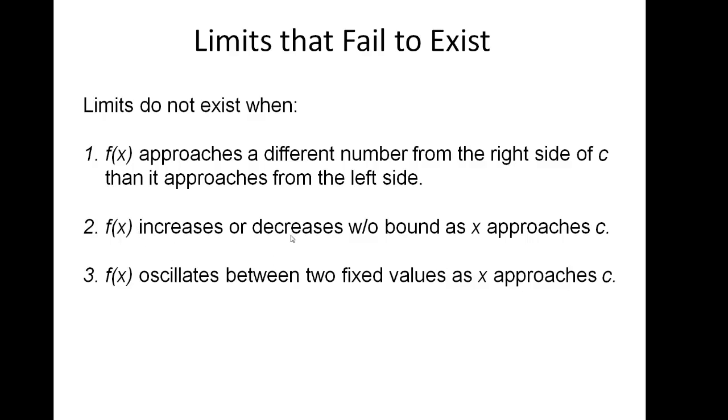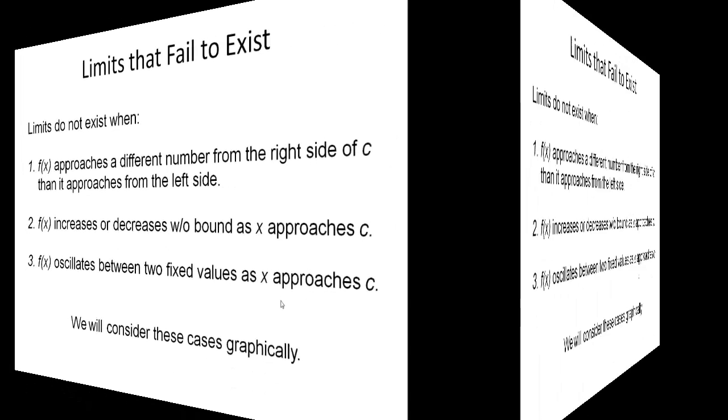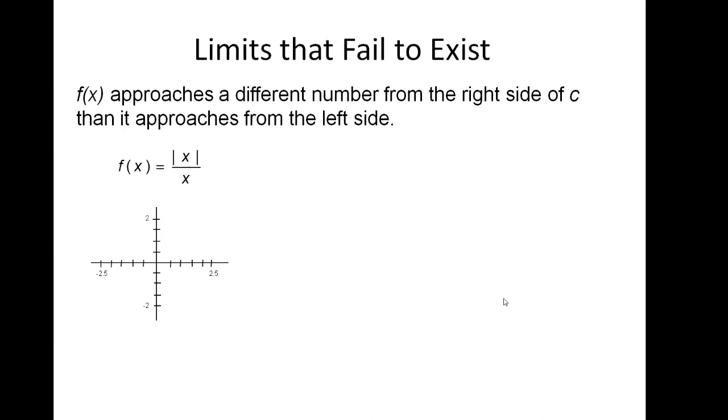If the function increases or decreases without bound as x approaches c from either side, the limit doesn't exist. And if it oscillates between 2 numbers, it also fails to exist. Again, the core definition of a limit is it's got to approach the same number from the left and the right-hand side. So let's look at the graphical examples of these cases.